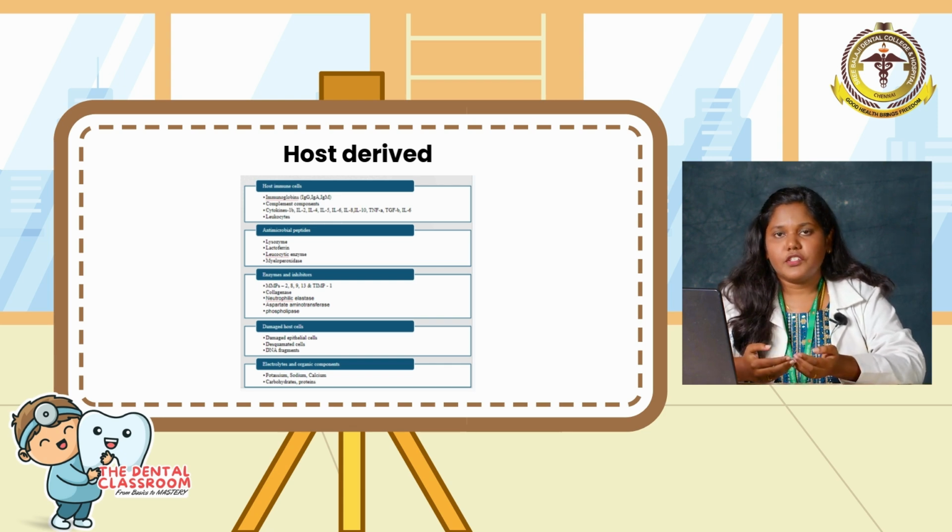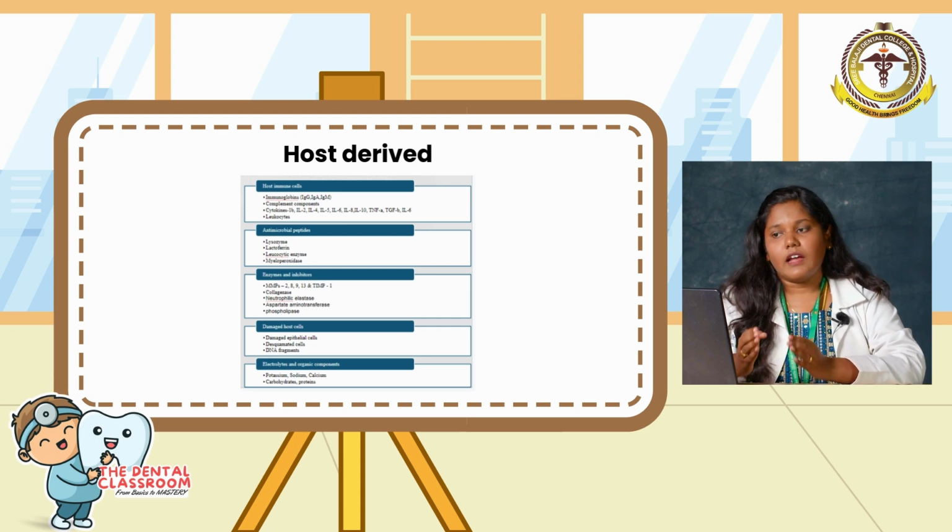And comes into the picture your host immune cells, which are the inflammatory mediators, namely the cytokines, which include the pro-inflammatory and the anti-inflammatory cytokines like interleukin 1 beta, 1 alpha, tumor necrosis factor alpha, transforming growth factor, interferon gamma, which are some of the inflammatory mediators.